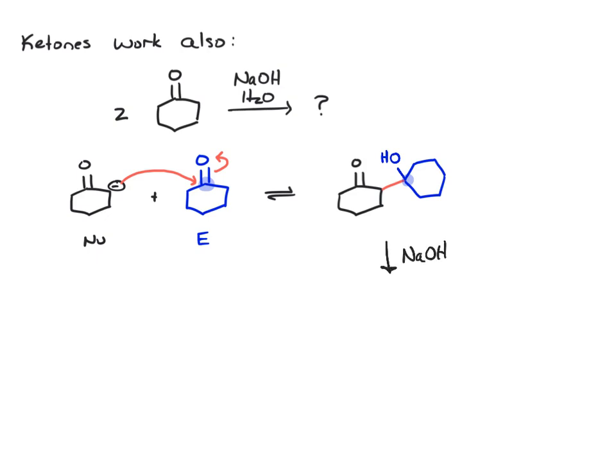And then in the presence of the base, remember that we lose H and OH across that alpha beta bond. So there's the final aldol condensation product. In this case, the product is an alpha beta unsaturated ketone.